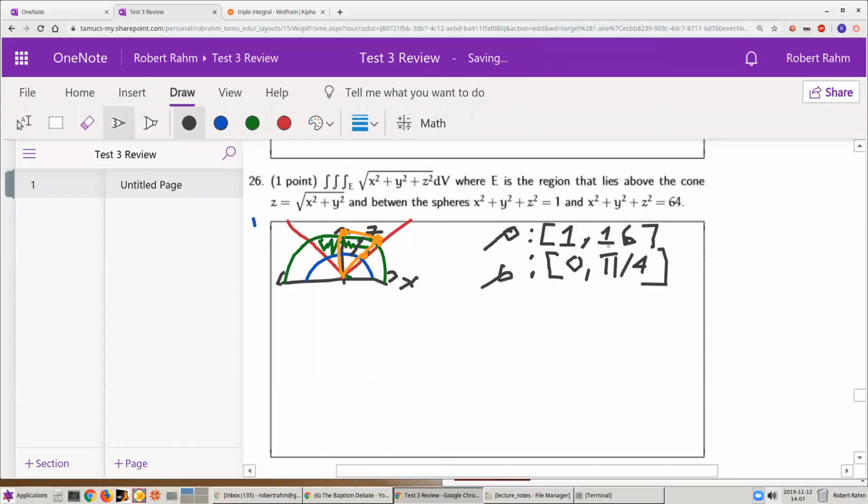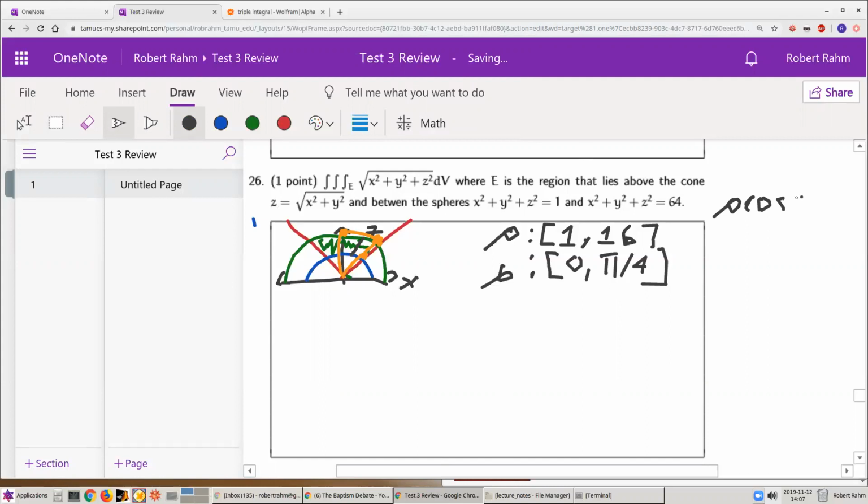Another way to see that using spherical coordinates is if you write the equation for the cone in spherical coordinates. The left-hand side of z equals the square root of x squared plus y squared is rho cosine phi.